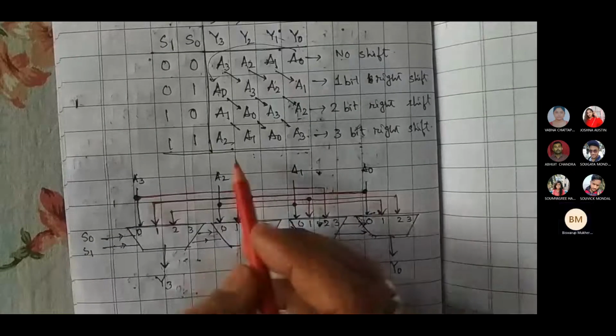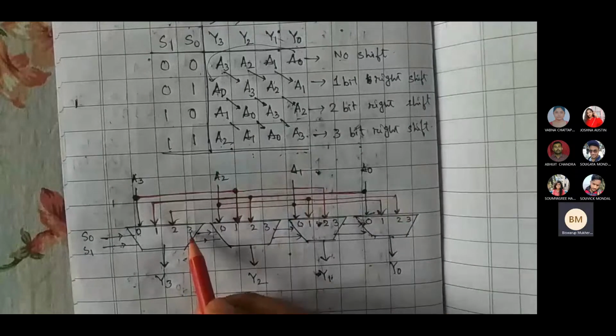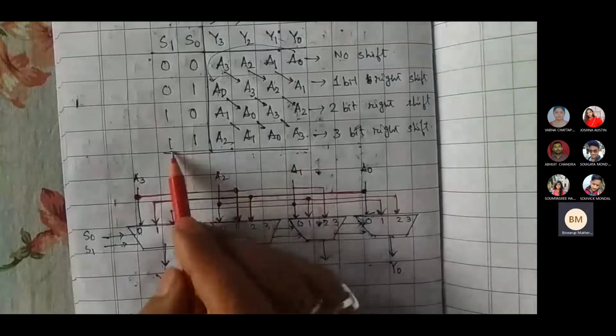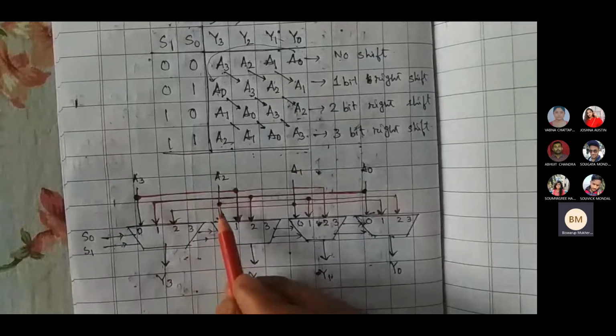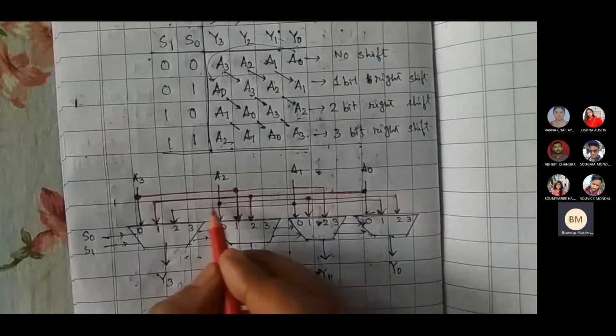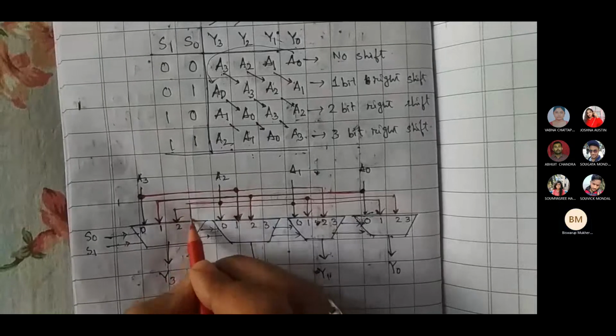Last A2 A1 A0 A3, so এখানে আসবে A2 1 1 এর ক্ষেত্রে, if it is 1 1 then Y3 will be getting A2, A2 কোথায় আছে? এইটা A2, right? So I am getting that one directly, A2.